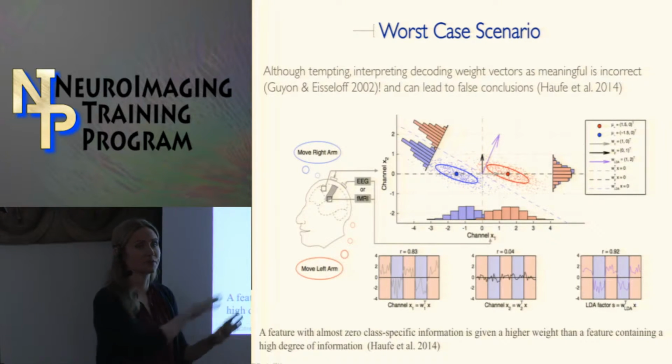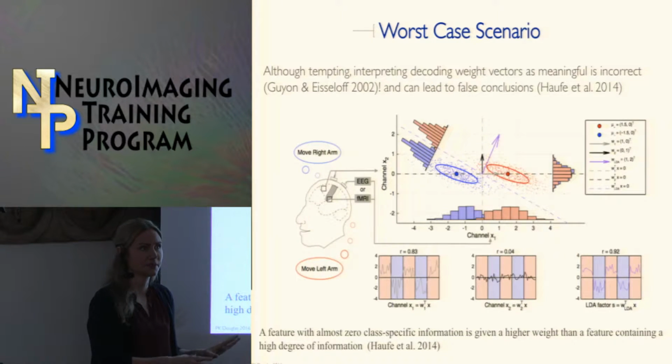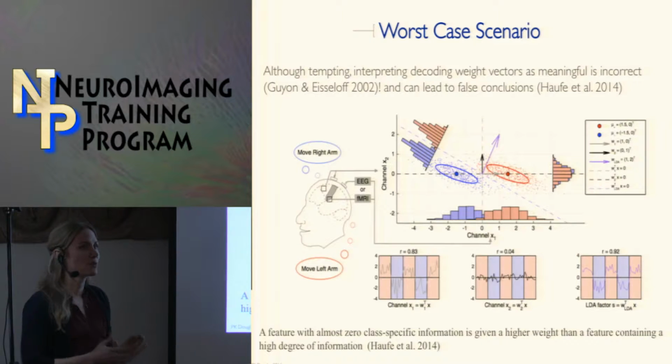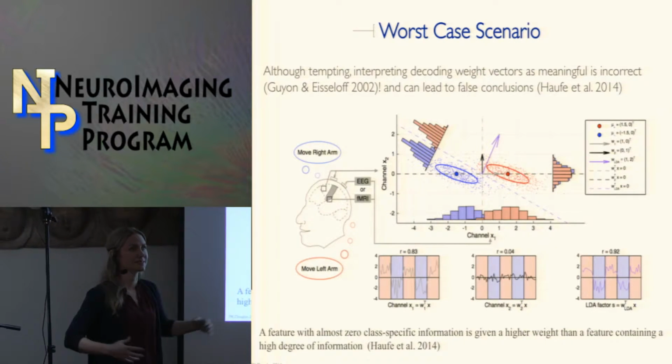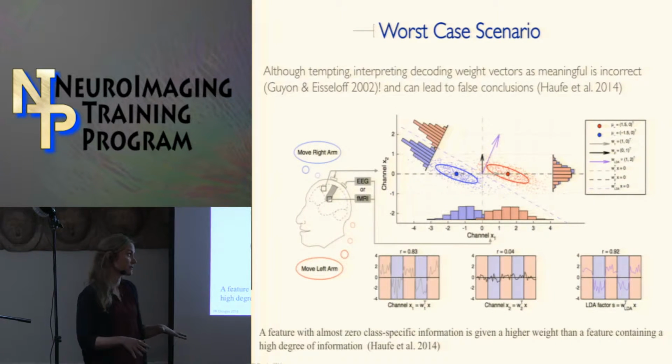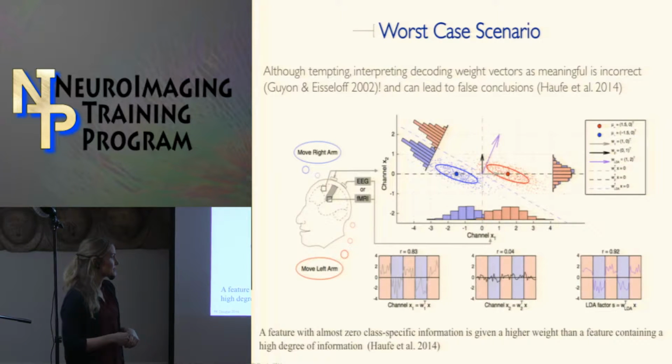But it is a problem when there's shared information between the two. It can also be a problem when you have multiple voxels. One noise voxel can be given a very, very strong weight because it's essentially absorbing all of the noise that's shared across all of the different voxels. So this is an important point.